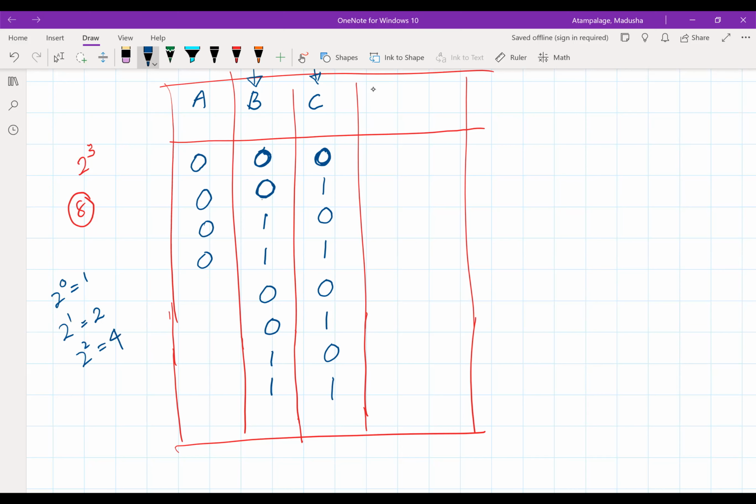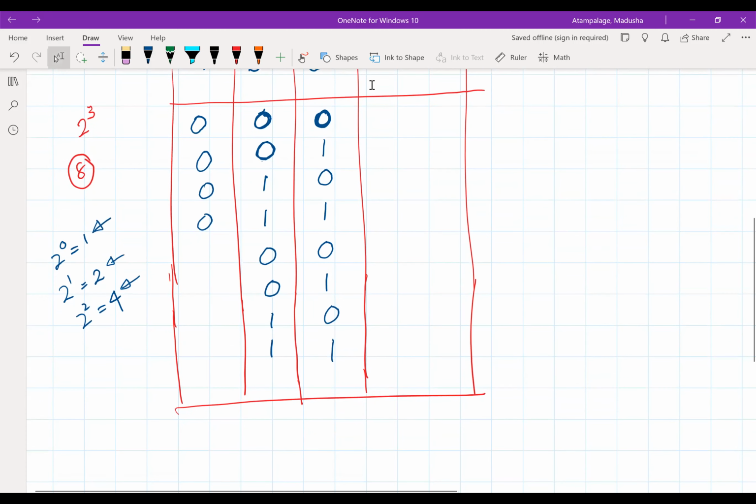Am I correct now? Always we take the 2 to the power values. Remember that we start from 1 0, right? So that happens when 2 to the power 0. The next becomes 2 to the power 1. We have 2 zeros. And the next one, 2 to the power 2. In that case, we have 4 zeros, okay?